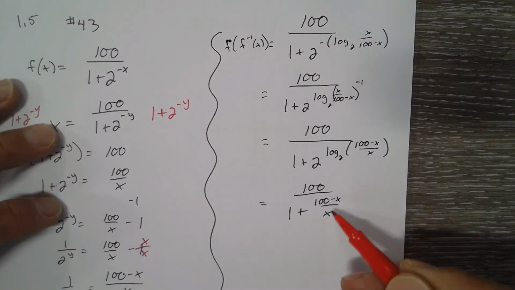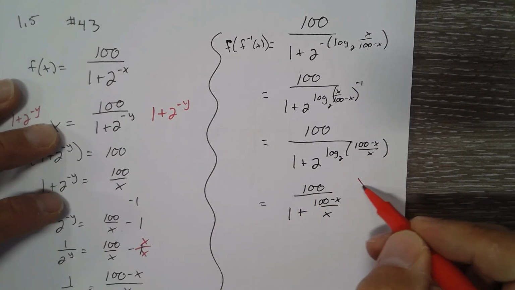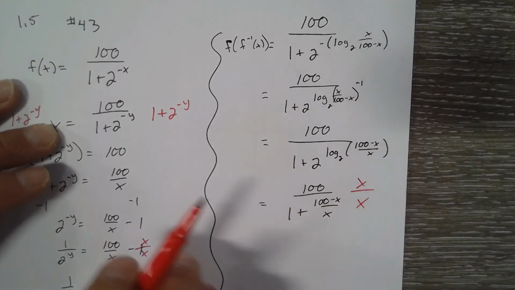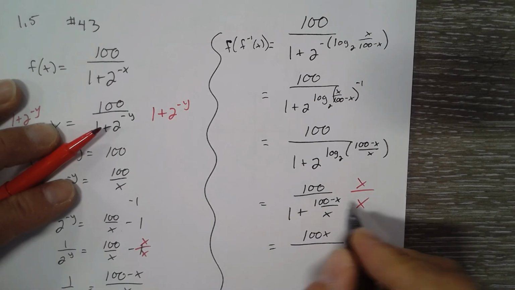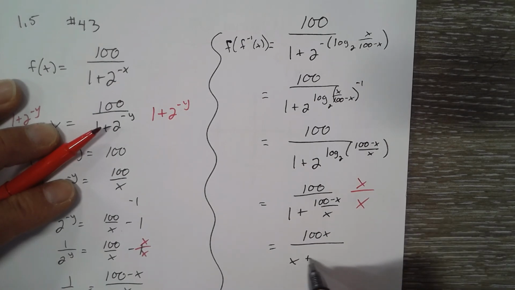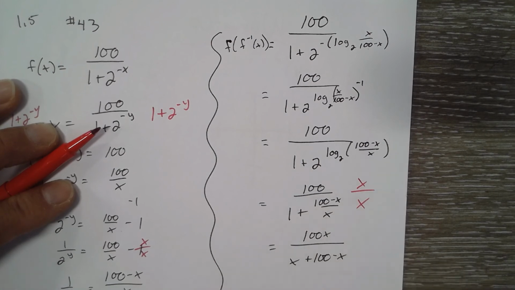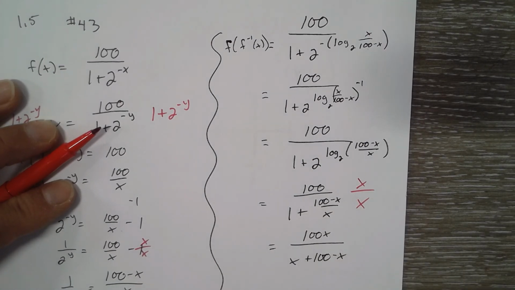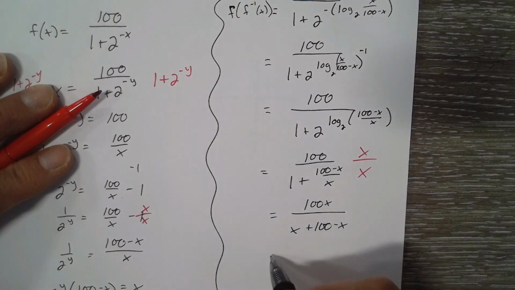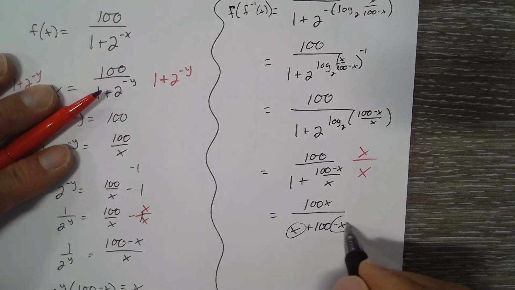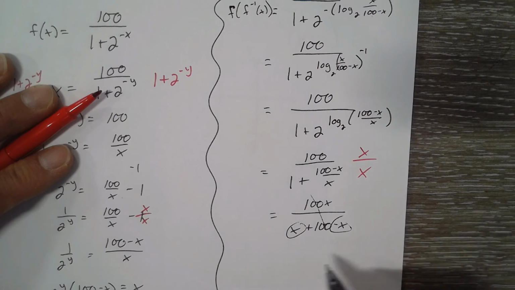I've got a fraction inside of a bigger fraction. I'm going to multiply the top and bottom by that common denominator. So I get 100x over, distribute, I get x plus 100 minus x. And then the bottom, x minus x, cross off. Those are gone. And then the 100 over 100 cross off, so we get x.